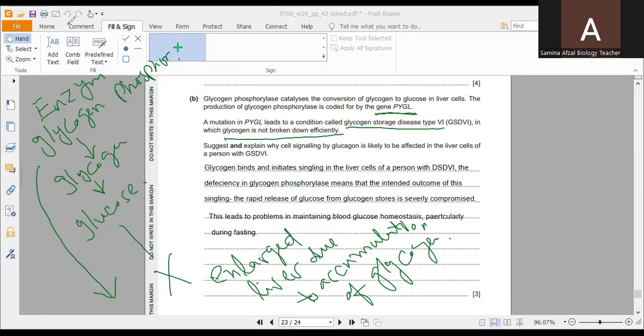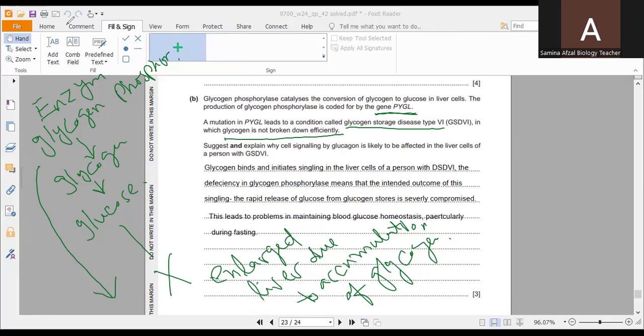At that time, you can see the glucagon can still bind to its receptors and initiate signaling in the liver cells of a person with GSD6. The deficiency in glycogen phosphorylase means that the outcome of this signaling, the rapid release of glucose from glycogen stores, is severely compromised.